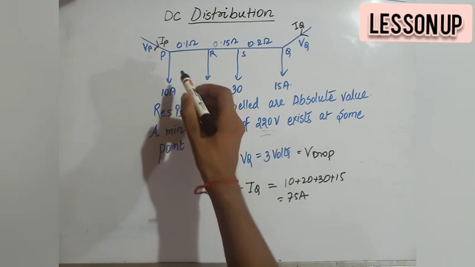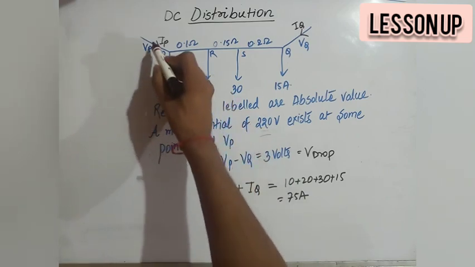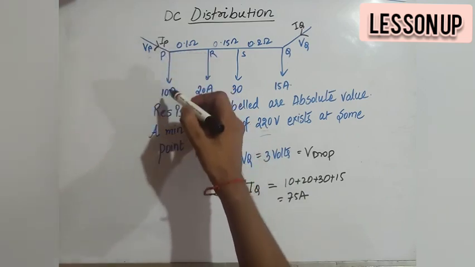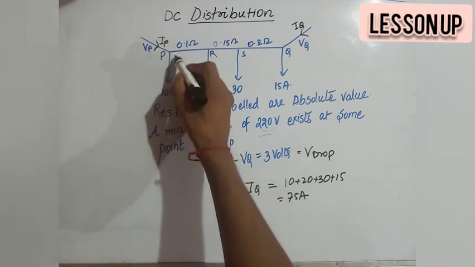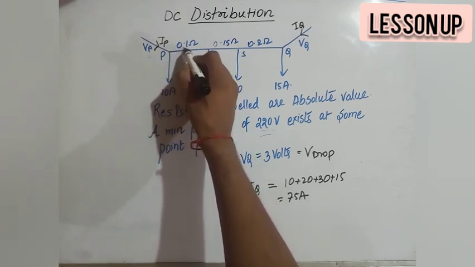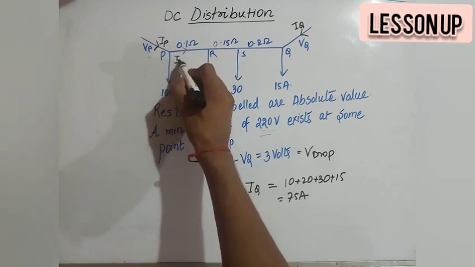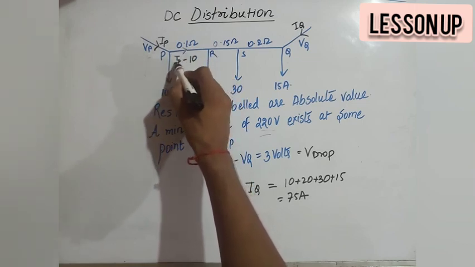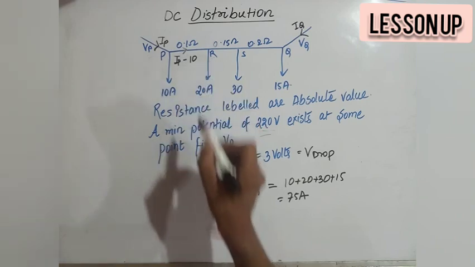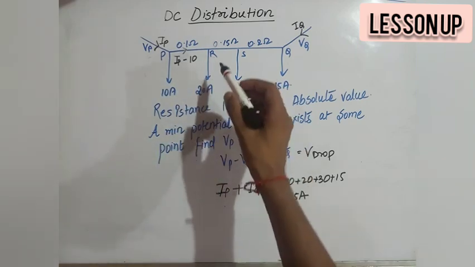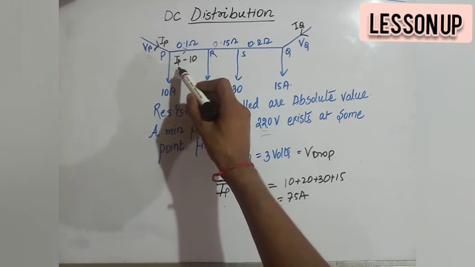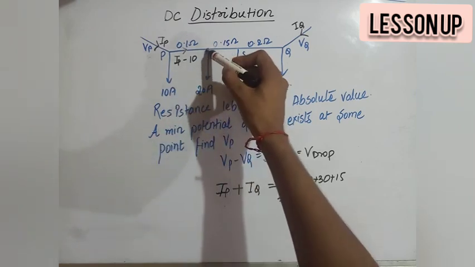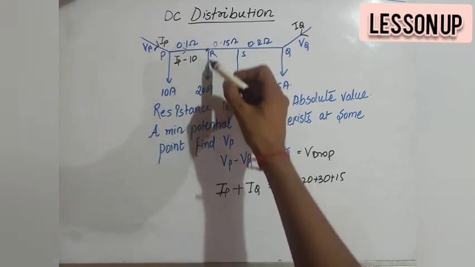Now we need to draw the current flow diagram. From here IP is incoming current and 10 ampere is taken out at point P. So the current IP minus 10 flows between P and R. Similarly, the incoming current at point R is IP minus 10 and at point R 20 ampere has been taken out.